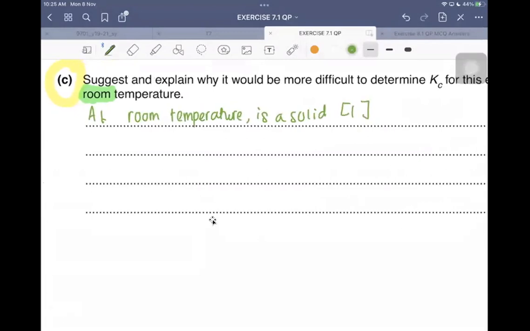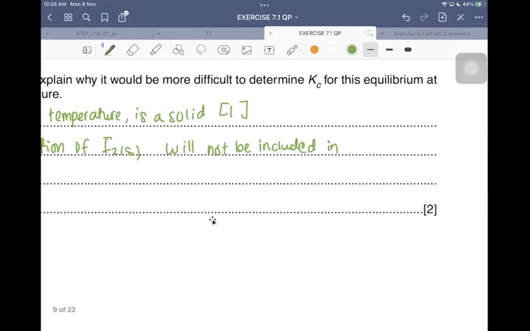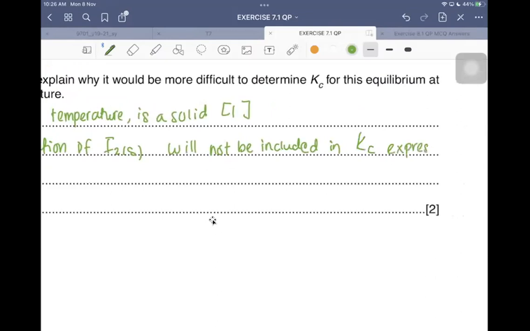So the concentration of iodine gas, iodine solid, oh, so that's 1 mark, will not be included in Kc expression. Okay, so this 2 points will be 1 mark.